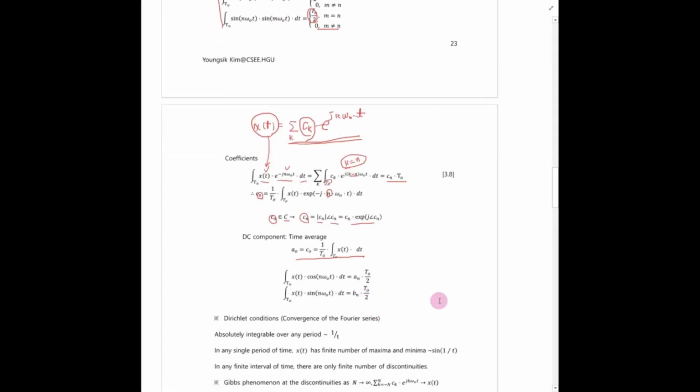Okay, now we know how to figure out the complex coefficient Cn in the case of these expressions. What about the cosine and sine series expansion?